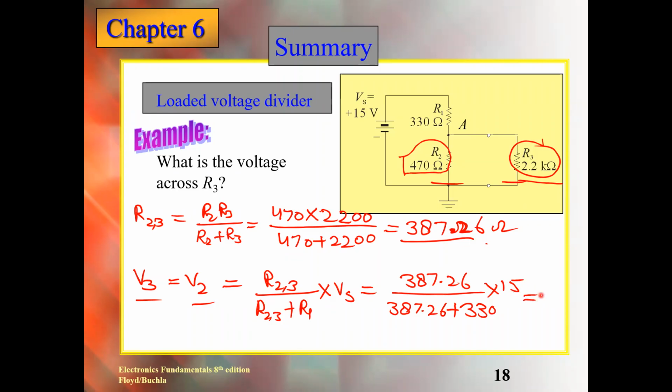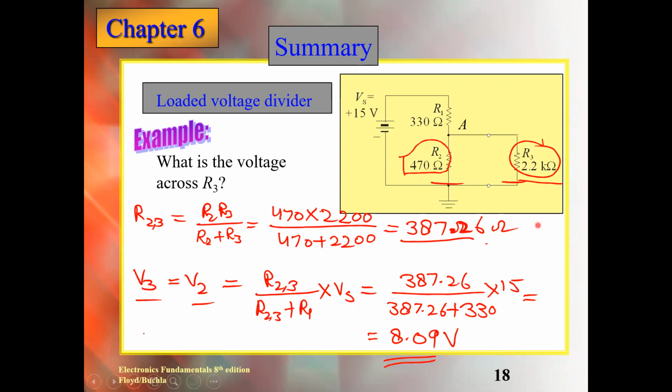How much are you getting? 8.09 volts. Correct? It means V2 and V3 will be something like that.